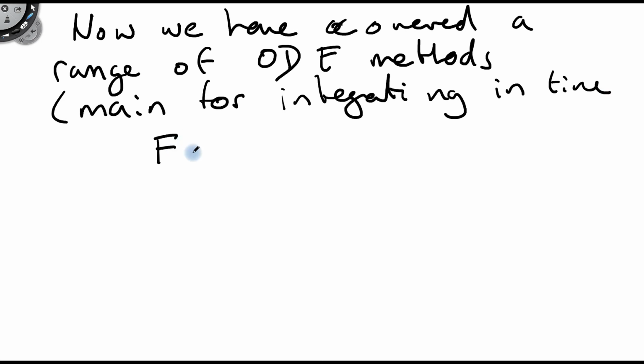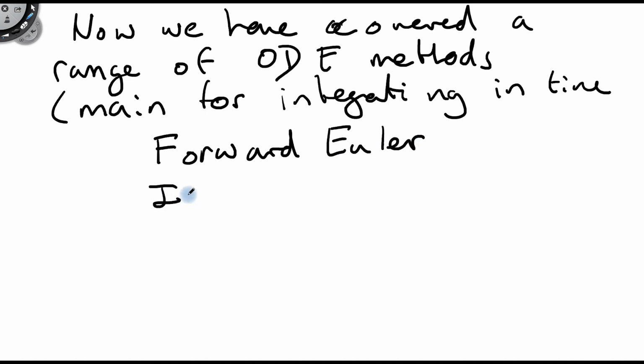We started off with forward Euler, and we did the implicit version, or backward Euler.